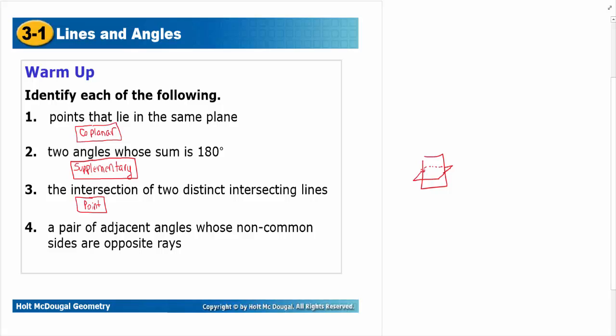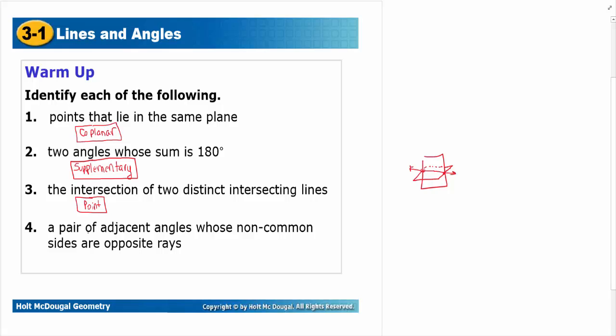They'd intersect in a line, remember? So those are the two types of intersections that we've reviewed at this point: the intersection of two lines, which is a point, and the intersection of two planes, which is a line. But this one's a point.